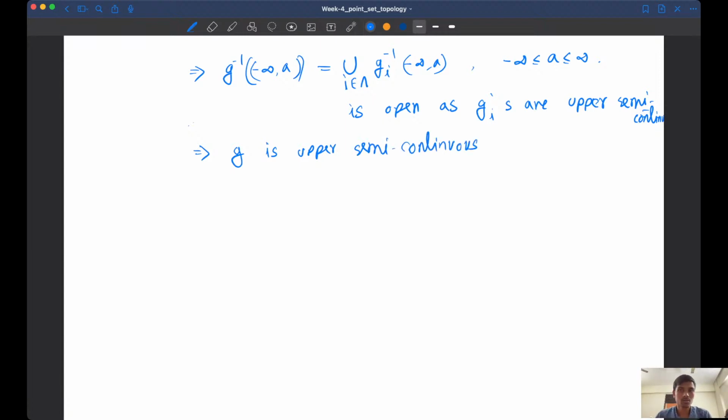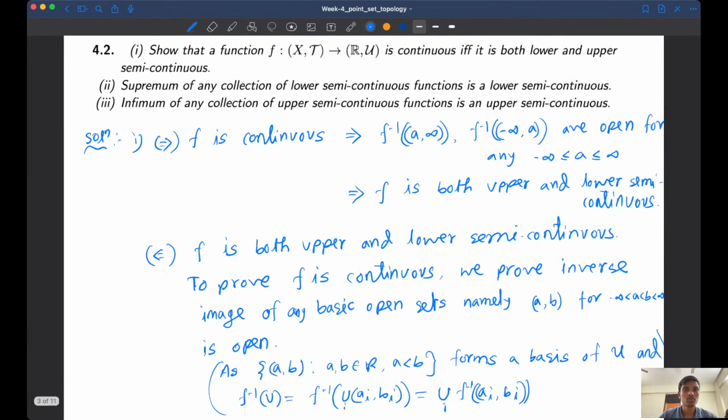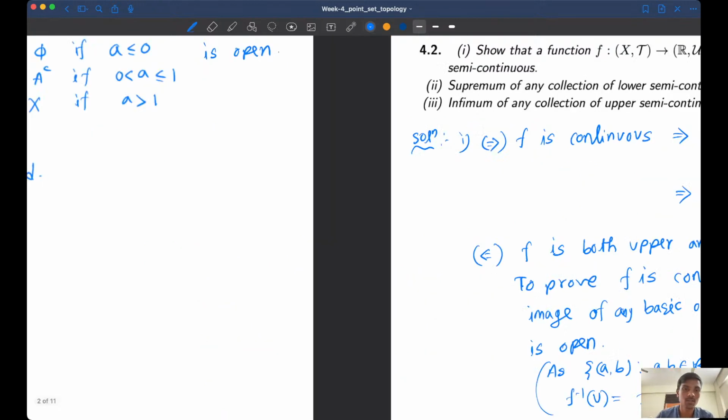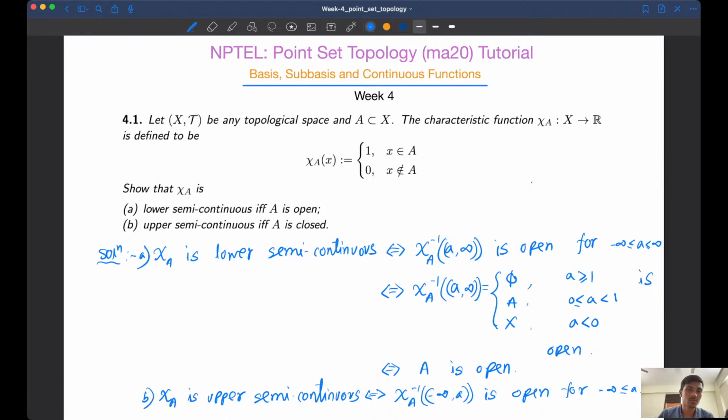Okay, so all of this is clear, right? We started with the fact that a function is continuous if and only if it is both lower and upper semi-continuous. This is particularly the case for functions which map to R. From the previous discussion, the characteristic function is lower semi-continuous if and only if A is open, and upper semi-continuous if and only if A is closed.